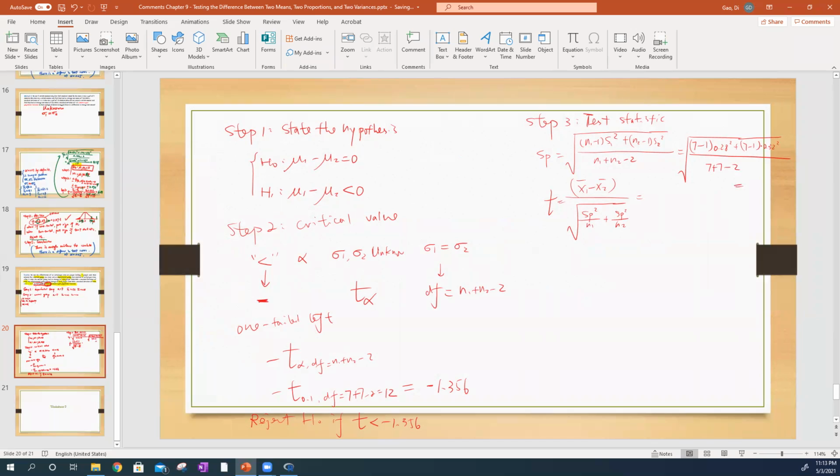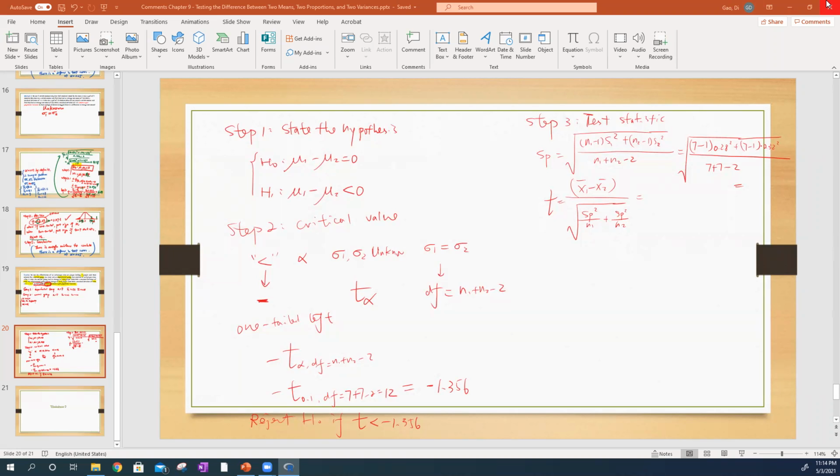So let's use the calculator to calculate it out. Square root of 6 times 0.28 squared plus 6 times 0.32 squared, and divided by 12.